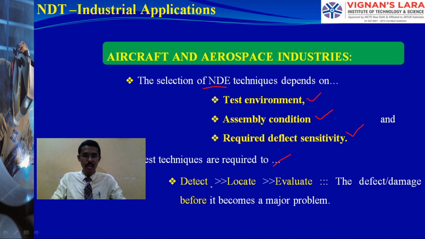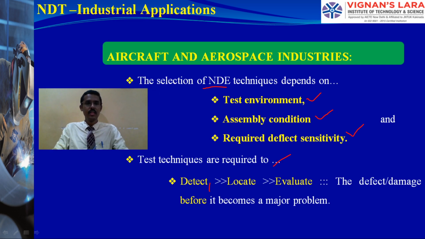We have to detect first through the technique, and then locate the exact point, and then evaluate whether it is within range or specifications or permissible limits, or whether we have to repair, replace, or reject. So we have to keep all these things in mind.